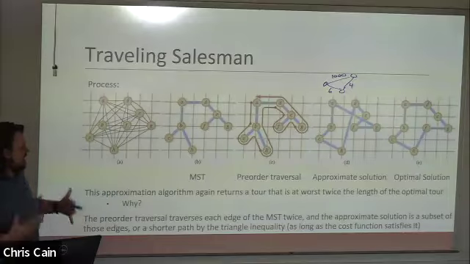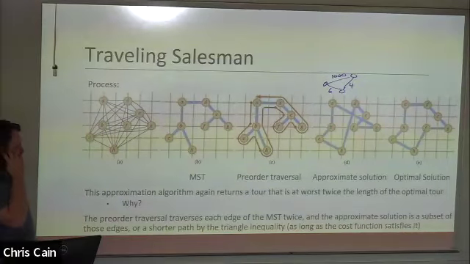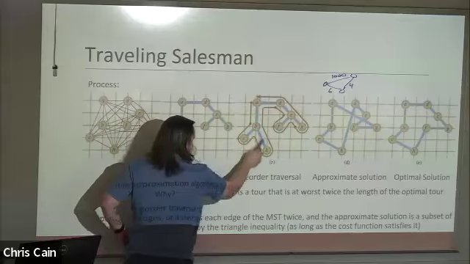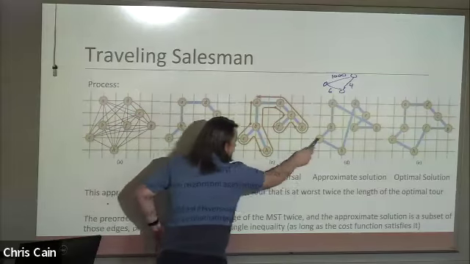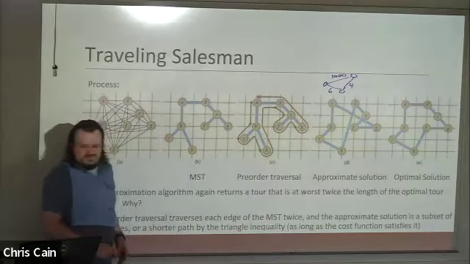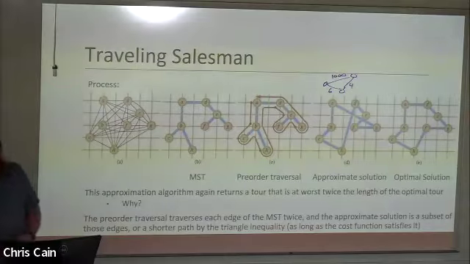If so, then we can replace the two-edge process of the preorder traversal of the minimum spanning tree with a direct edge in our Hamiltonian cycle. Yeah, wow.